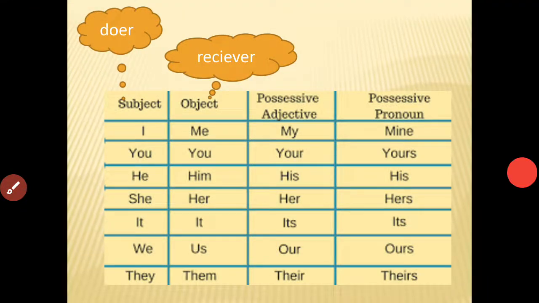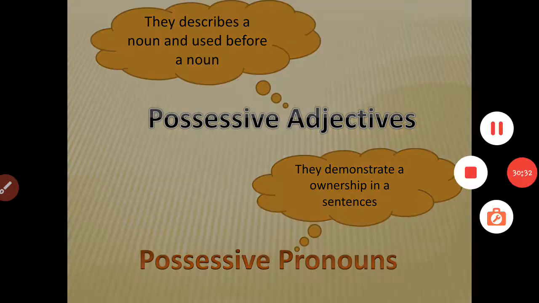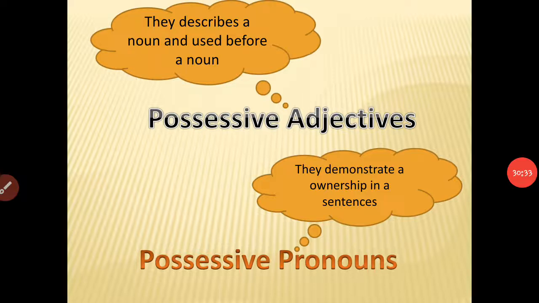Let's see here subject, object, possessive adjective and possessive pronoun. Here also there is a further bifurcation of adjective and pronoun. Let's see what it is. The subject is the doer and object is the receiver of the action. Now possessive adjectives describe a noun and are used before a noun.